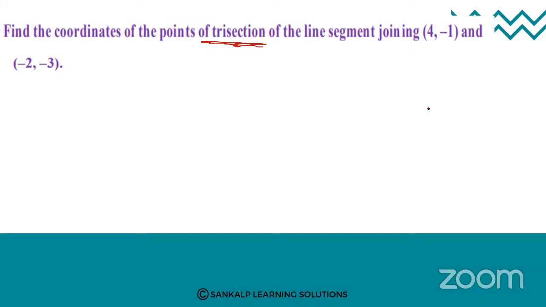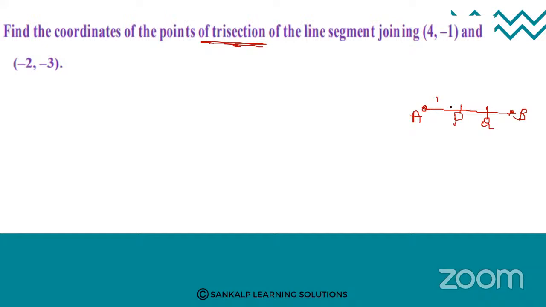Trisection means what? If you consider the line AB, this is point A, this is point B. Then we divide this line into three equal parts. So I divide this AB into 3 equal parts. Let us call these points P and Q. A to P is one part, P to Q is one part, Q to B is one part.